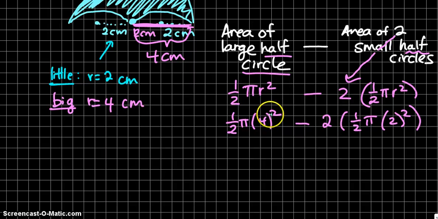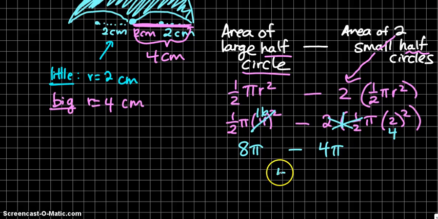4 squared is 16. 16 times 1/2 is 8. So really that's 8 times pi. For this one, 2 times 1/2 is 1. 2 squared is 4. So 1 times 4 is 4. So I've got 8 pi, subtract 4 pi.